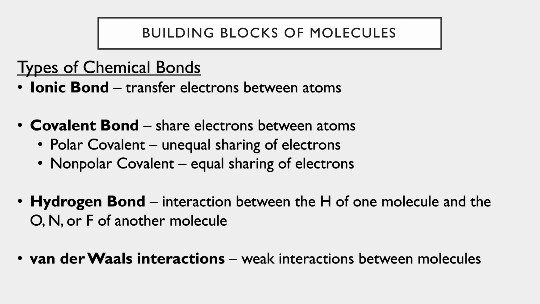For example, hydrogen bonding is actually an interaction between a positively charged hydrogen atom in one molecule and a negatively charged oxygen, nitrogen, or fluorine of a whole other molecule. This is very important because this type of interaction is used by many biological molecules, which we will discuss later on in this chapter.